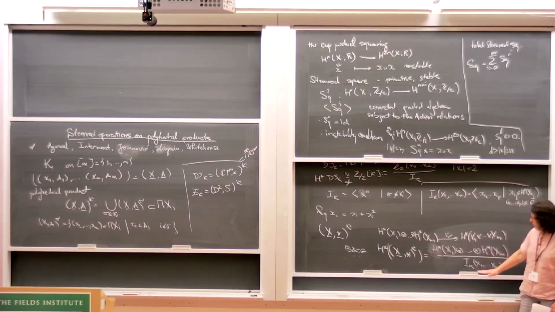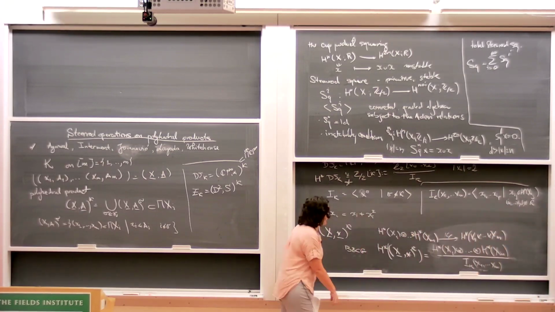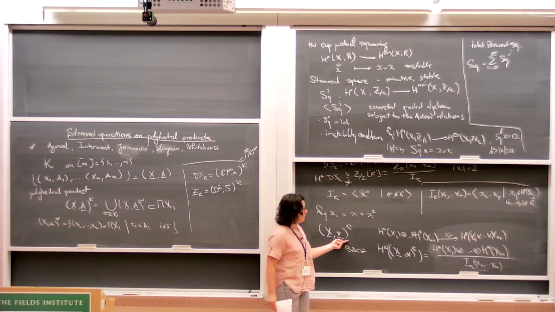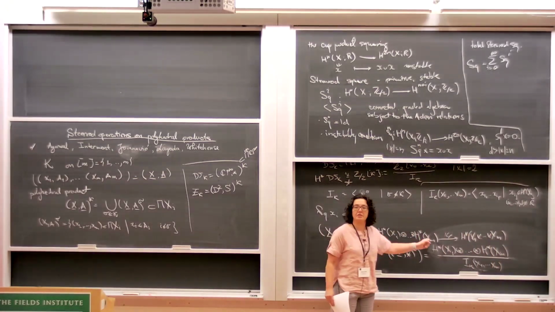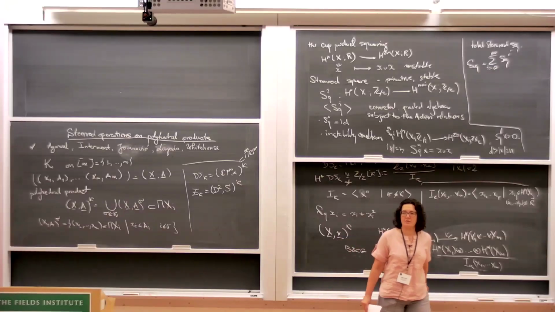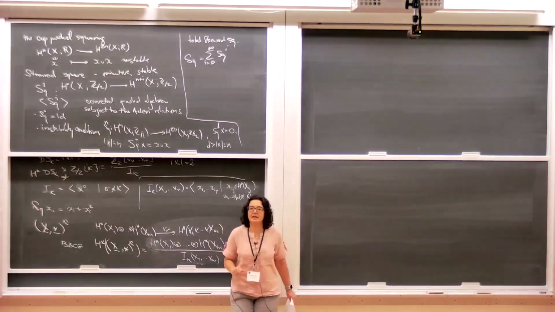And then from there, you again play the same game. You show that the ideal is invariant under the Steenrod action, and you determine the action of the Steenrod squares on this polyhedral product in terms of the Steenrod products on each individual space Xi.